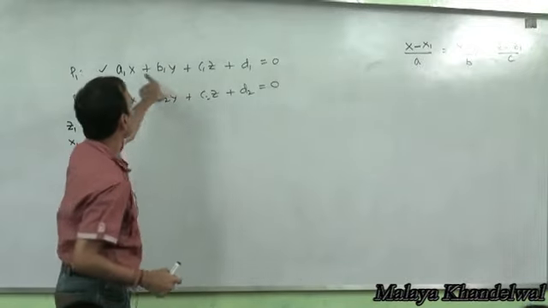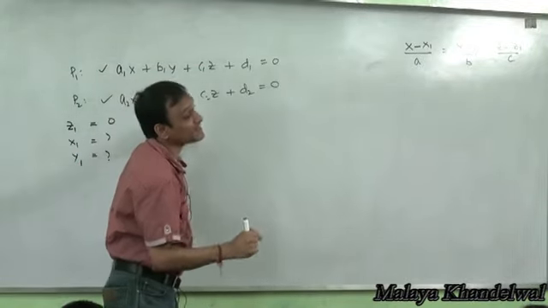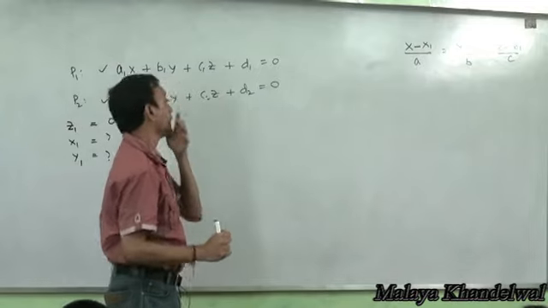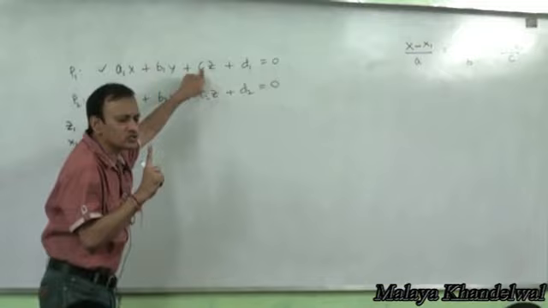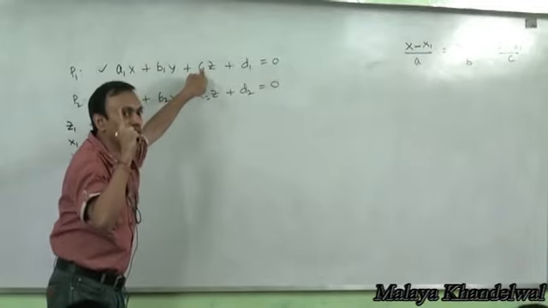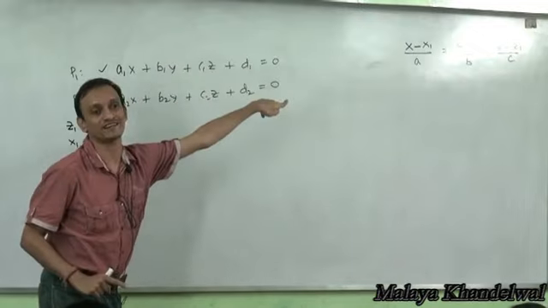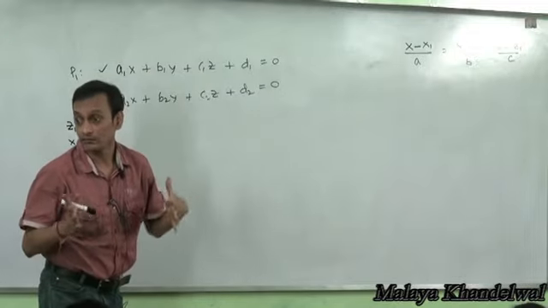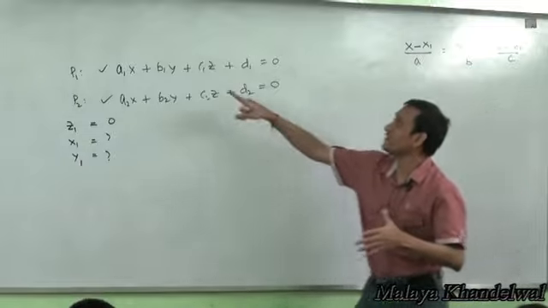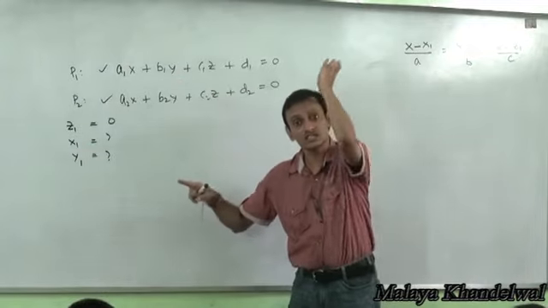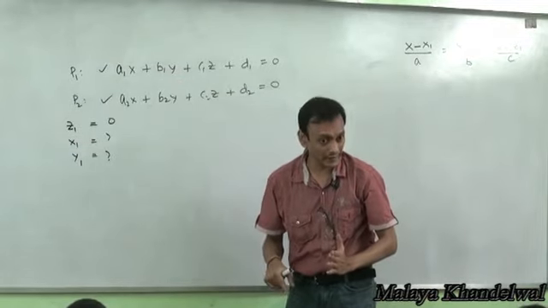Now, this line lies on P1 as well as P2, right? That means the vector a1i plus b1j plus c1k, which is normal to the plane, is also perpendicular to the line. Yes or no? Because this line is along the plane, whereas A1i plus B1j plus C1k is perpendicular to the plane, right?